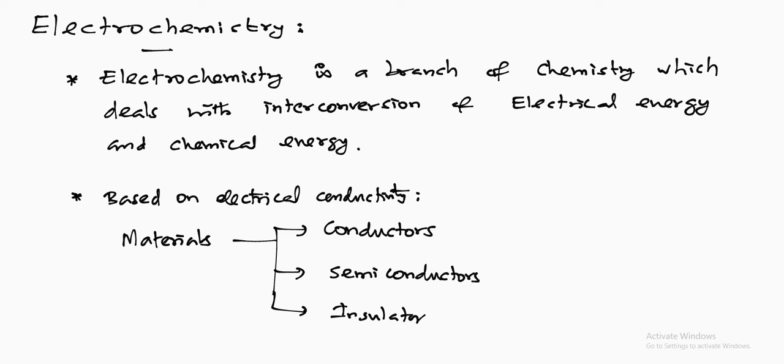What are conductors? Conductors are materials which allow free or easy passage of charges, positive or negative charges. If a positive or negative charge passes through a material easily, without much obstruction, we call those materials conductors. What are insulators? Insulators are materials in which the passage of electric charge is difficult.